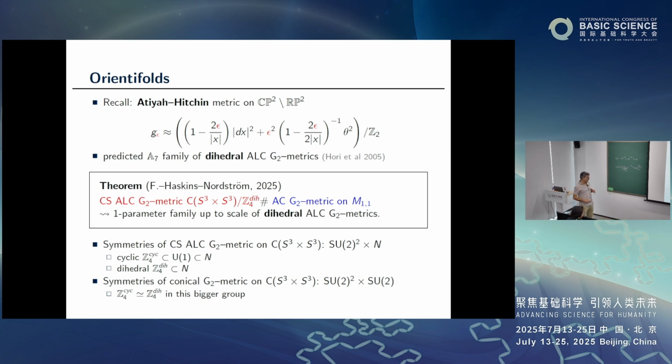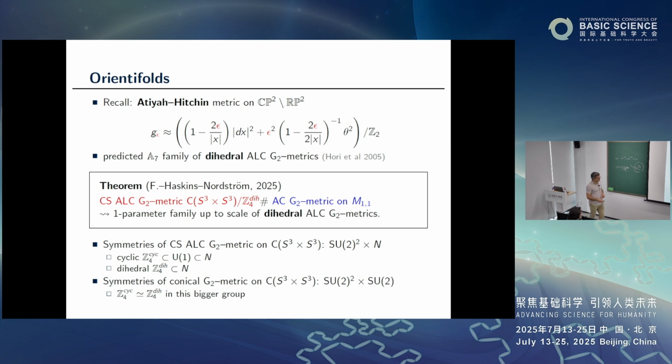But now you can do another thing. You divide instead by this dihedral Z4. And then you observe that when you look close to the singularity, since the symmetry group of the singularity is larger, it is SU2 cubed, this dihedral Z4 is conjugate inside this larger group to the cyclic Z4.